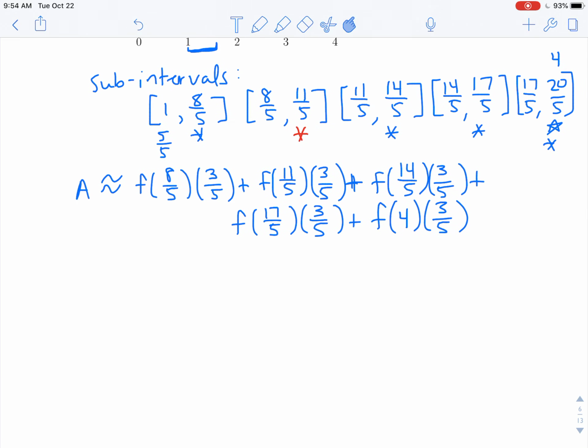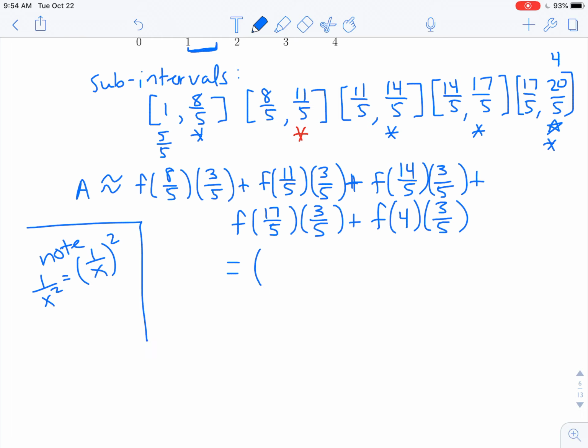And then to really be done with this problem, well, we still have to do the over-under, but we also need to actually plug the values into the function. So note, 1 over x squared is the same thing as 1 over x all squared. And so these fractions that I'm supposed to be plugging in, I can do the reciprocal and square to plug in quickly. So what I have here for the area estimate will be 5/8 squared times 3/5.